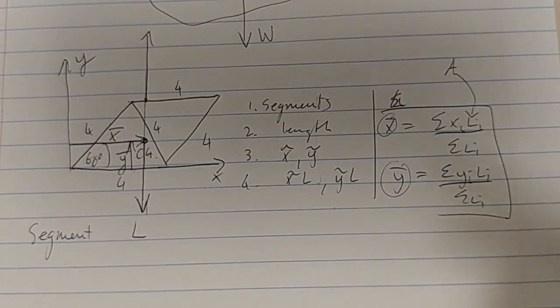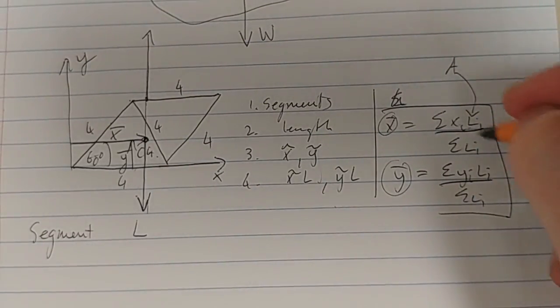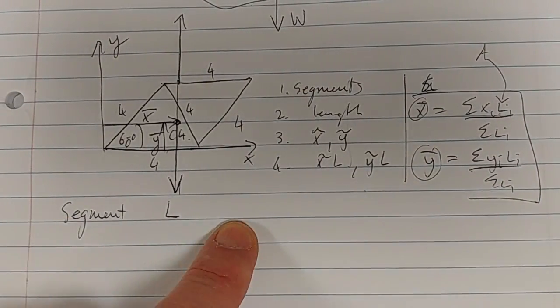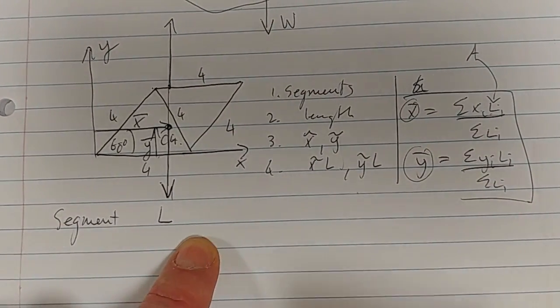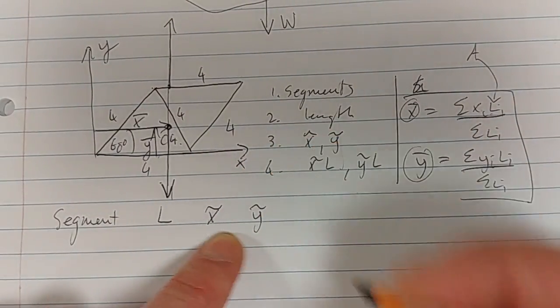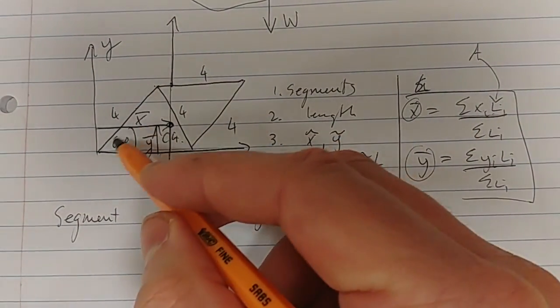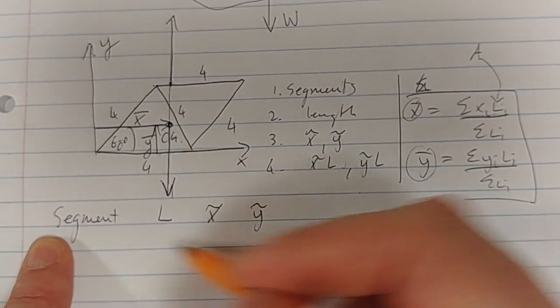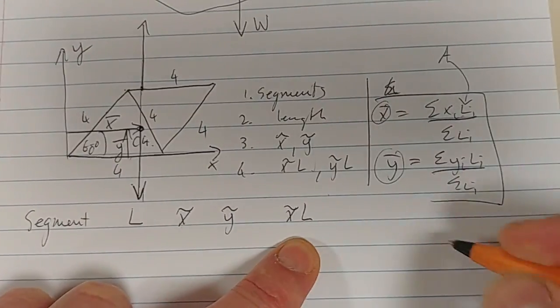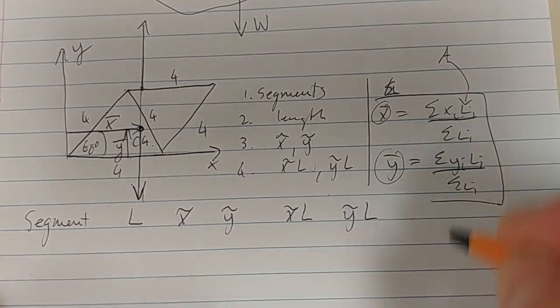You could have a problem with weights, you could have a problem with masses, you just need to replace that. So the length of each segment, then the x tilde and the y tilde, which is the location of the centroid of each individual element or segment. Then we need x tilde times L, and we need y tilde times L.